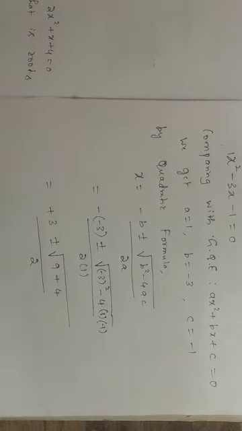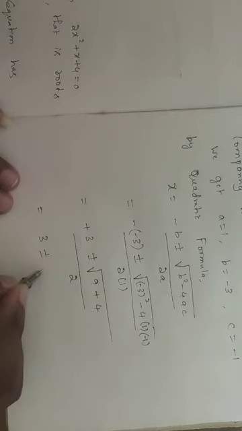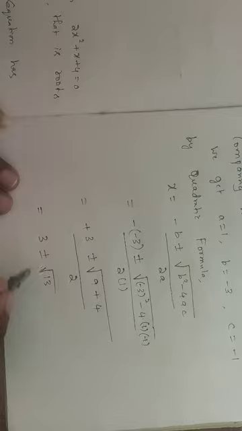Now so plus 3 plus or minus, so 9 plus 4 becomes 13, because both are plus we need to add and put the positive sign, divided by 2. Clear? Now is root 13 a perfect square root?